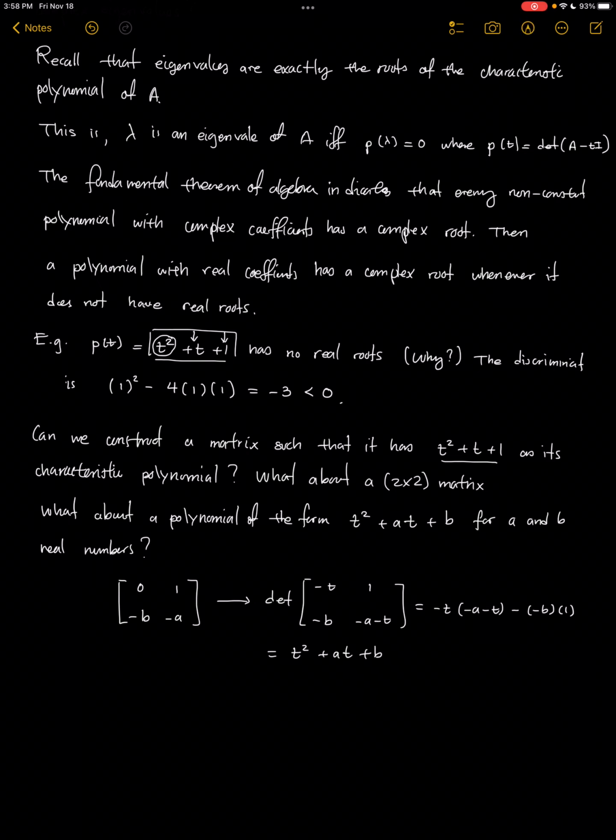So in this case, it's quite easy. We see that the matrix 0, 1, negative 1, negative 1 has t squared plus t plus 1 as characteristic polynomial.